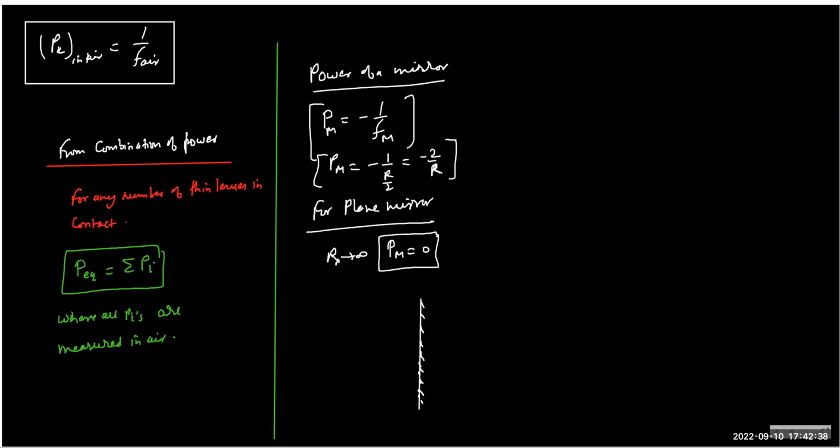So if we have a parallel beam of light coming here, if I draw by two lines, even after reflection, it will remain parallel. So you can see the beam as such has neither converged nor diverged. Understood?